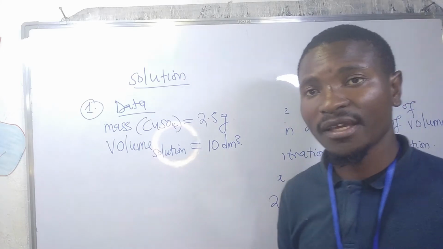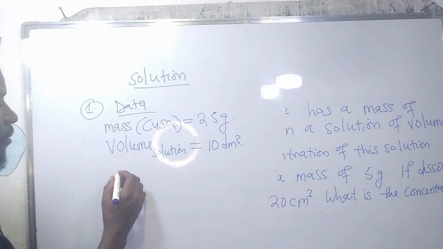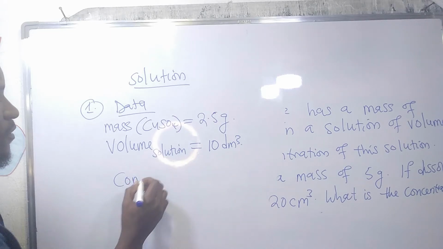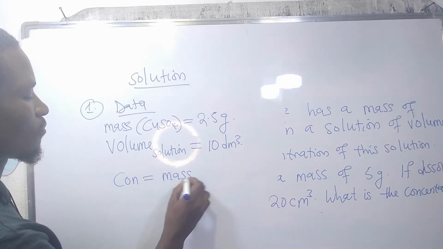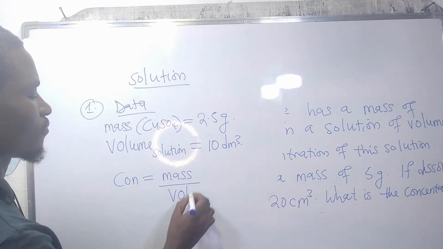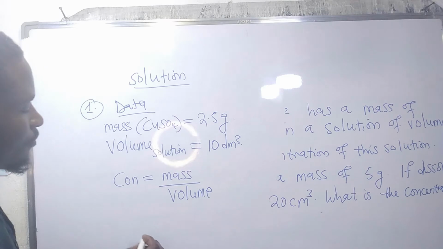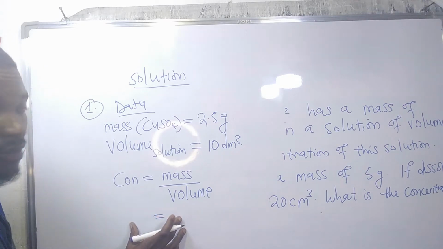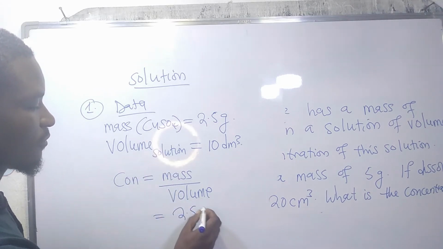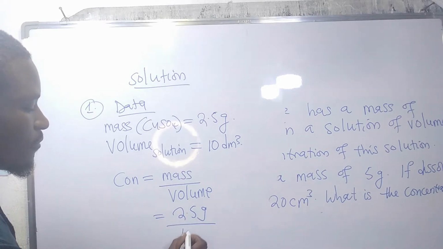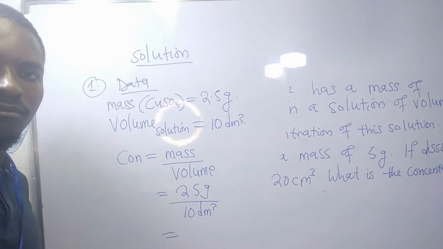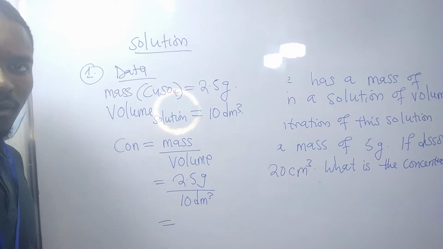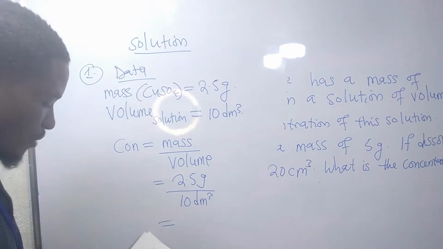Now from there we are going to say, concentration equals mass over volume. So now the mass is 2.5 grams over the volume.